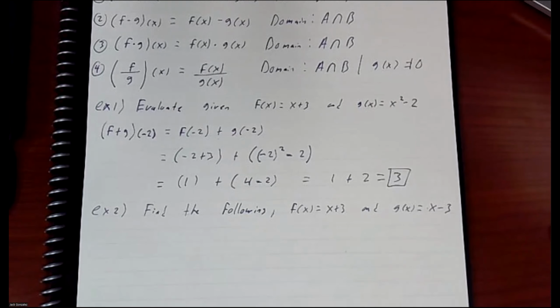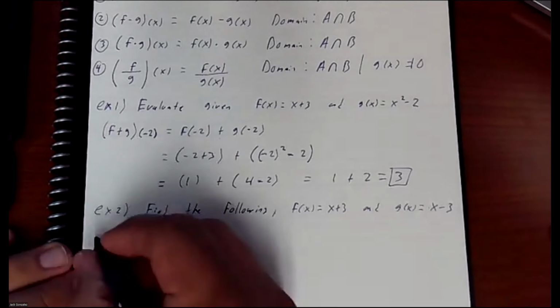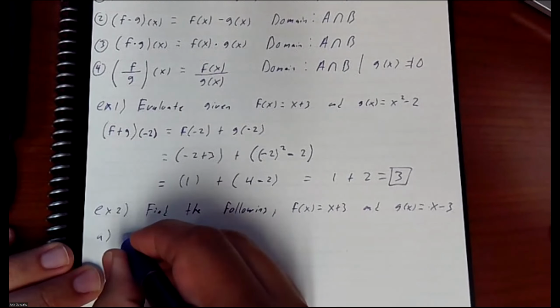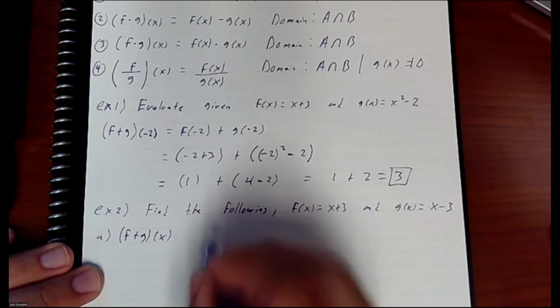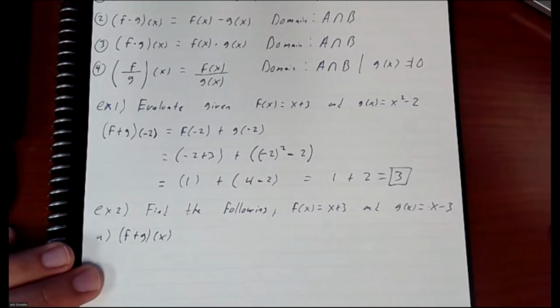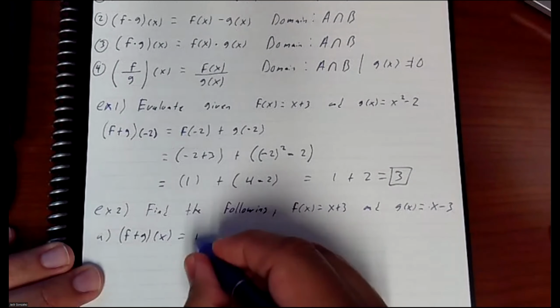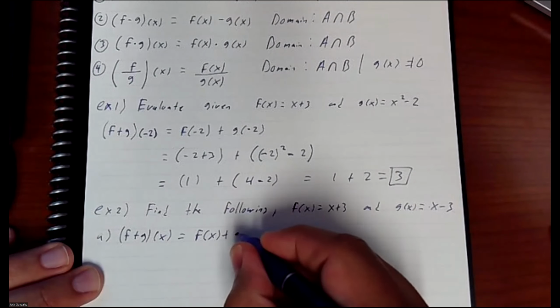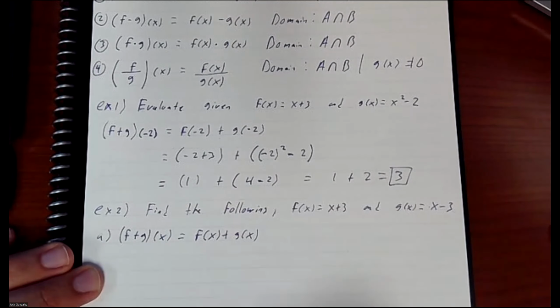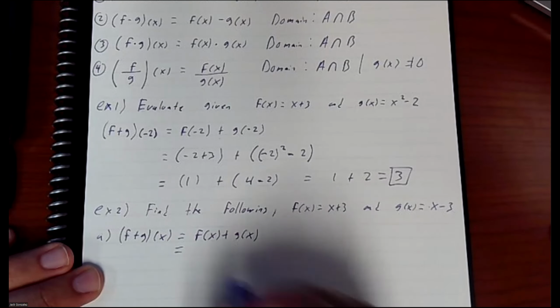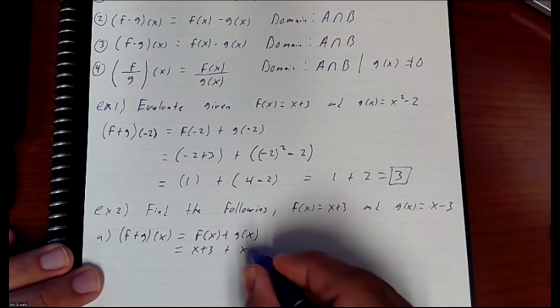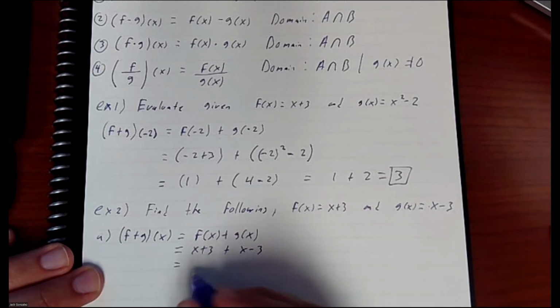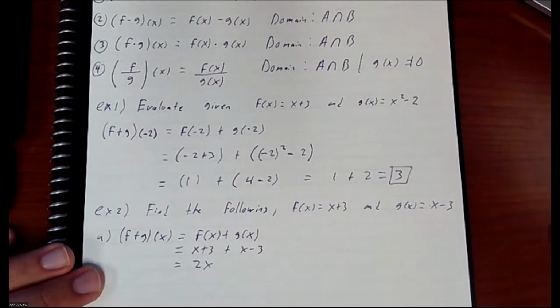So given the following, part A says, find f plus g of x. Okay, so that means we said add f and g. So that will be x plus 3 plus x minus 3, which gives us 2x. Nothing crazy.